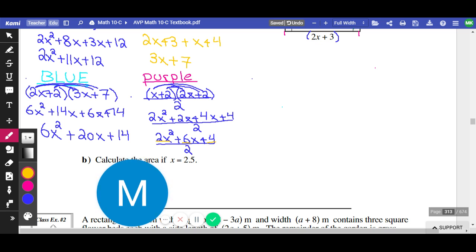If you can't, then you leave it as a fraction. In our case, we can, right? So we divide every single number by 2. When you do that, you figure out that your area of that triangle would be 1x squared, because 2 divided by 2 is 1, plus 3x, because 6 divided by 2 is 3, plus 2.